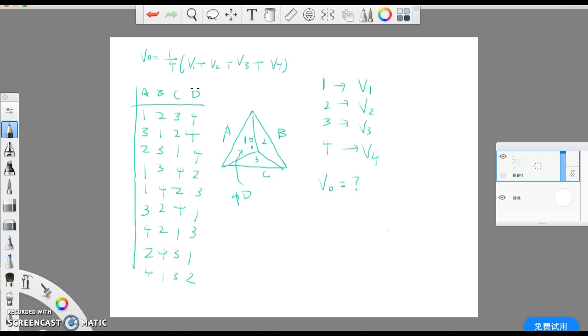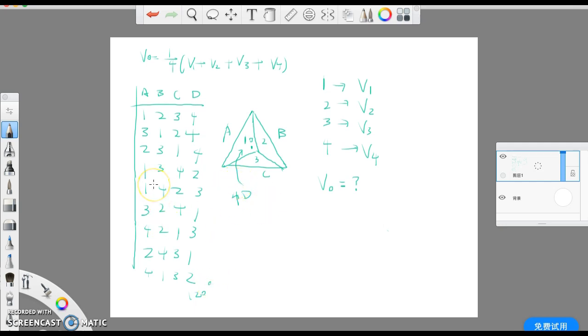So that's how we rotate the tetrahedron. We fix one face of the tetrahedron, and rotate the tetrahedron 120 degrees with respect to the line perpendicular to the face that we fix, and that line goes through the center of the face that we fix.